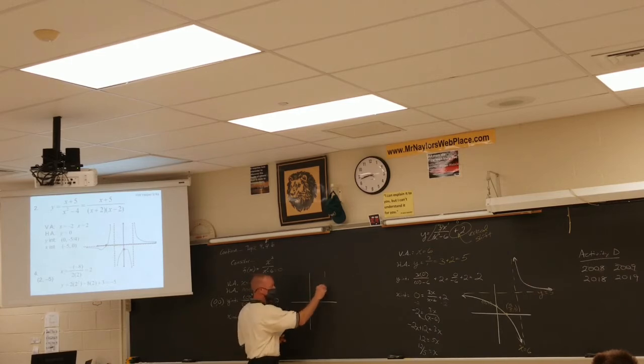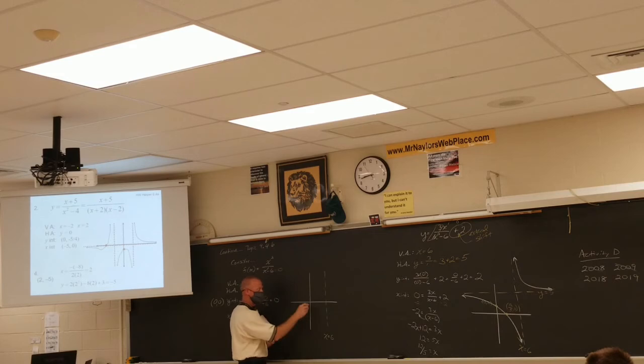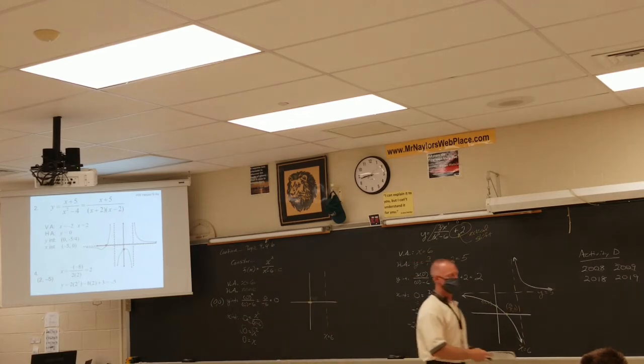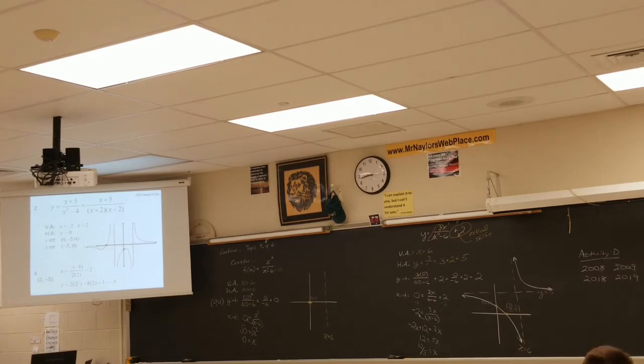Now, it seems pretty simple, I suppose. We have an asymptote, we have an intercept. But there's a little more to it. To help see that, let's graph it. Now, if Desmos is so handy, you're more than welcome to graph it.